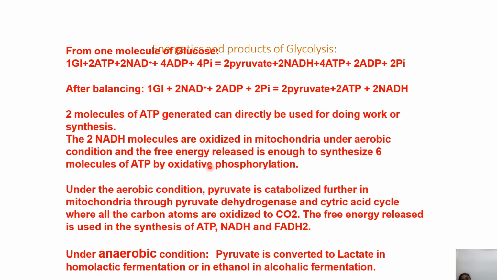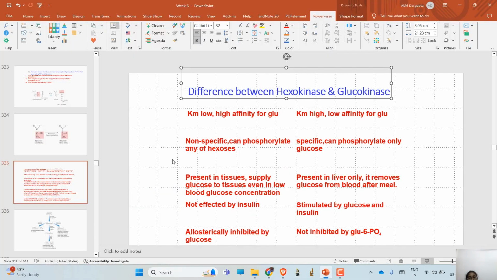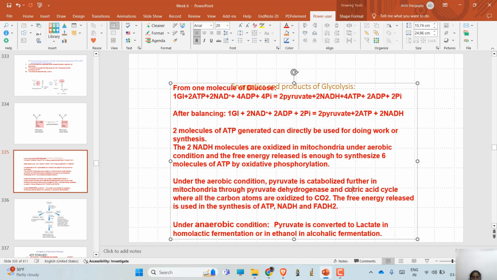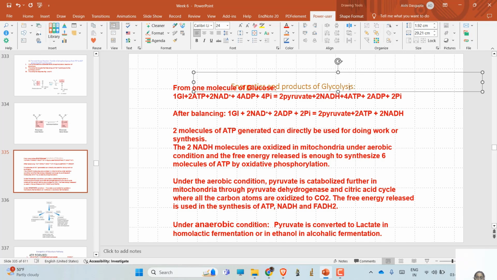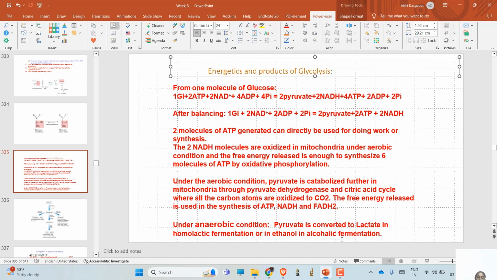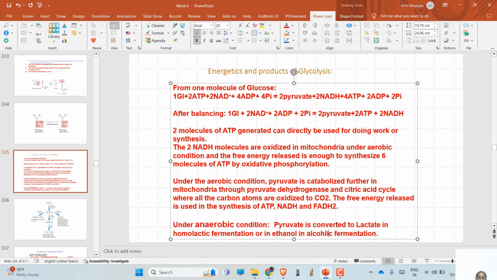Under aerobic conditions, pyruvate is catabolized further in mitochondria through pyruvate dehydrogenase and the citric acid cycle, where all the carbon atoms are oxidized to CO2, and the free energy released is used in synthesis of ATP, NADH and FADH2. Under anaerobic conditions, pyruvate is converted to lactate in homolactic fermentation and to ethanol in alcoholic fermentation.